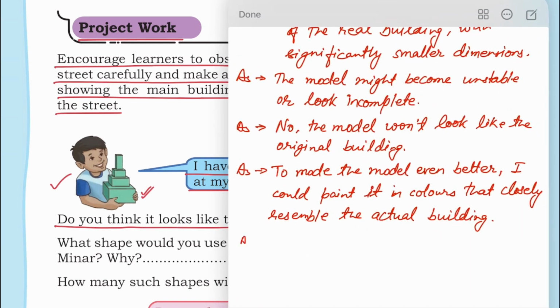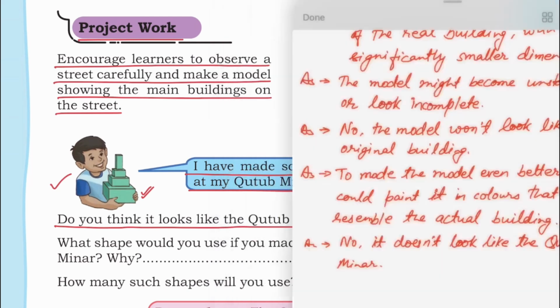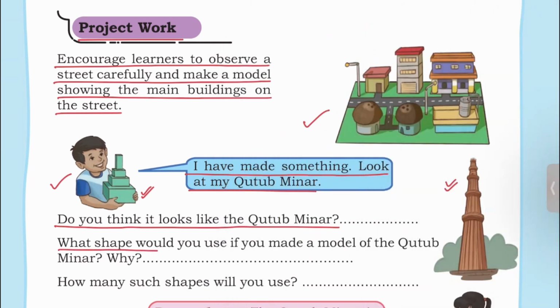The answer is no, it doesn't look like the Qutub Minar. What shape would you use if you made a model of the Qutub Minar, and why?